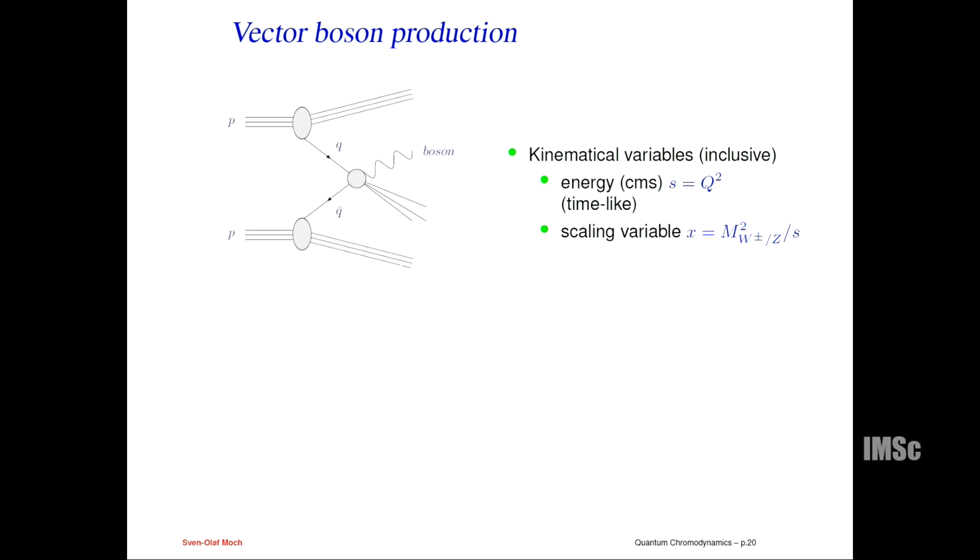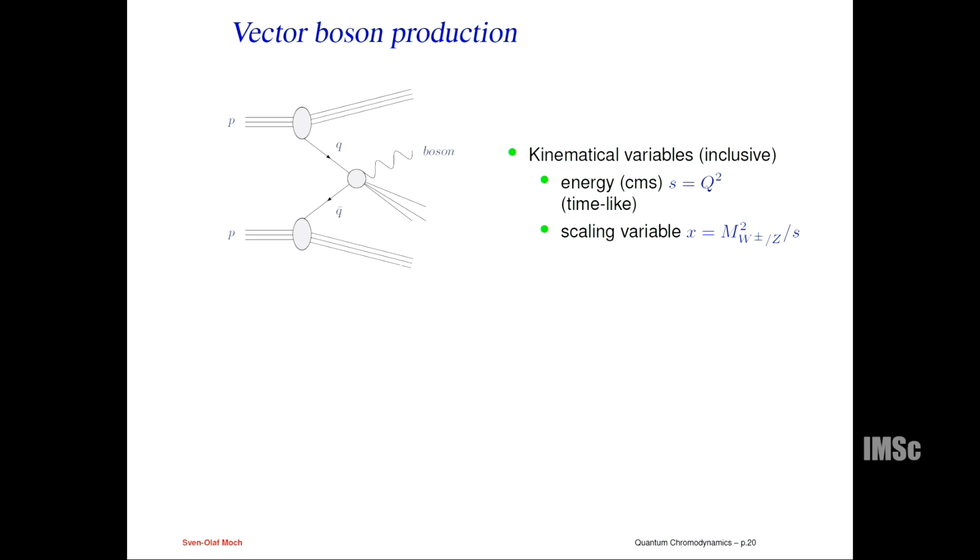At an inclusive level, this process can be described by two kinematic variables. We have the center of mass energy s, and we can again call it capital Q squared. This is now time-like, whereas previously we had a space-like quantity. We can also define a scaling variable x, very similar to the Bjorken x we had before.